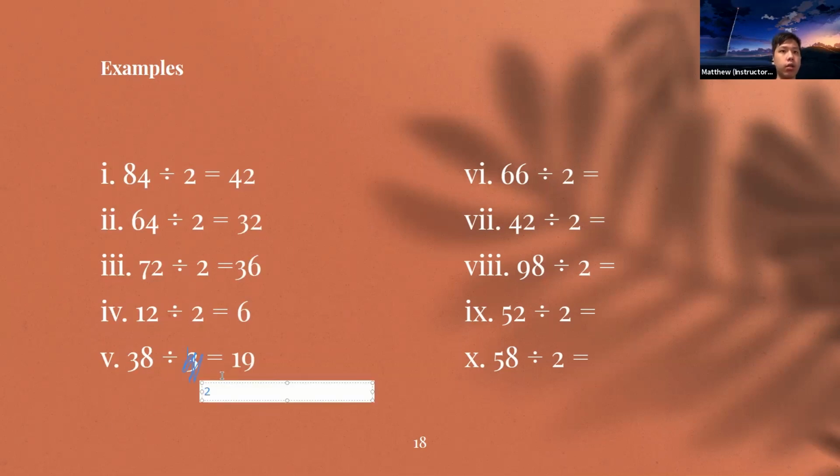Oh, the answers are here already. But basically, 38 divided by 2 would be 19. What about 66 divided by 2? That would just be 33. 42 divided by 2 will be 21. 98 divided by 2, that would be 49. 52 divided by 2 would be 26. So, last question.